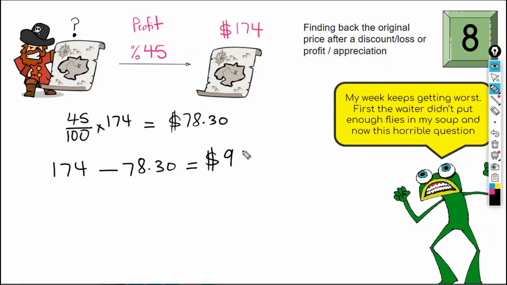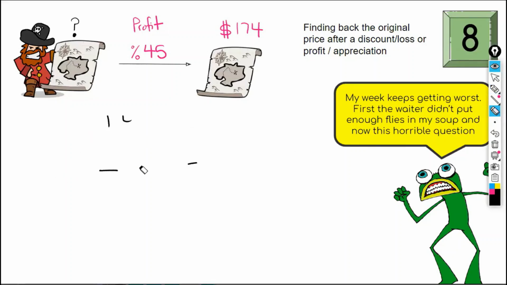No, we're going to get 95.70. It does not give us back the original answer if we use a reverse concept. We find 45% of that and work backwards. So how do we get the original answer?